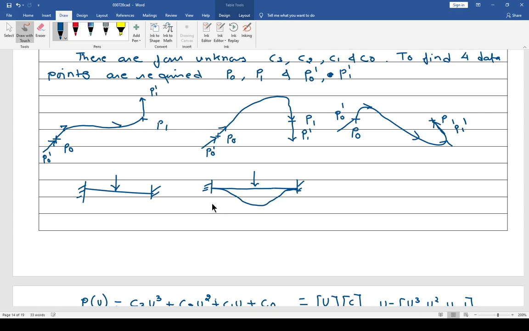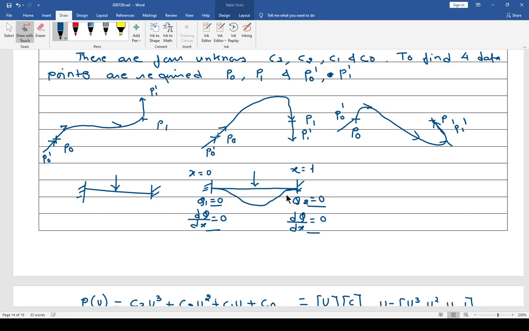What we are aware of: displacement at location 1, denoted by q1, is equal to 0, and dq by dx is equal to 0 at the same location, that is x equal to 0. And at x equal to L, I have q2 equal to 0 and dq by dx also 0. So I am aware of both the start point and the slope at the end point.